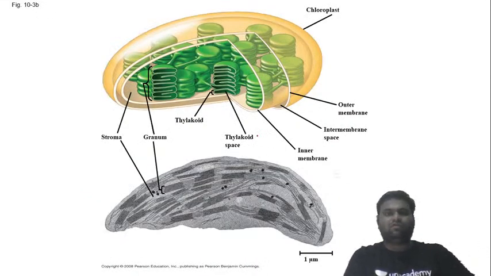This is the structure of the chloroplast. This is the stroma. This one is the granum. This one is the thylakoid, and this one is the thylakoid space.